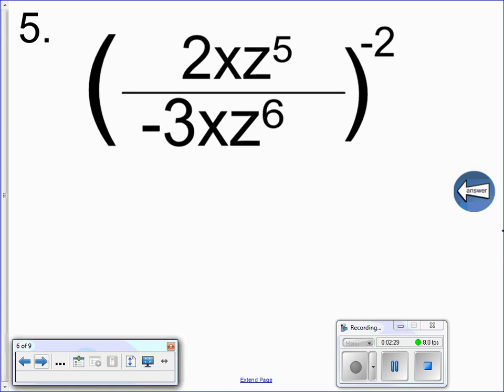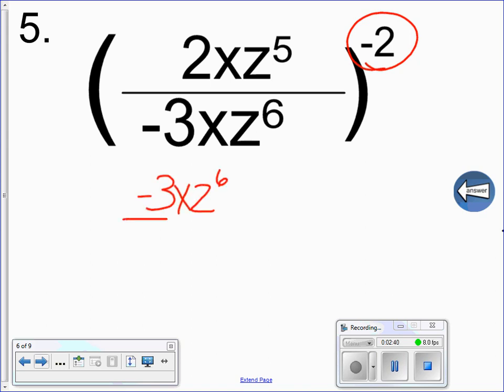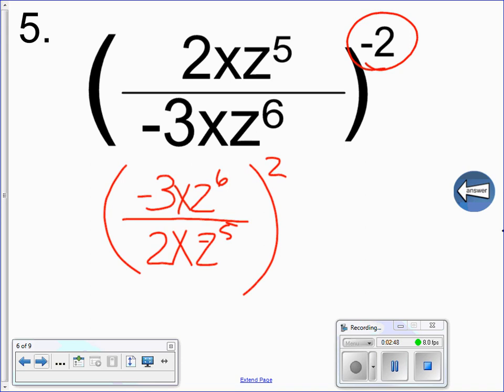Because this is a negative exponent, I have to flip the whole thing. So 3x z to the 6 goes on top, exactly like it was. 2x z to the fifth goes on the bottom, and it's still squared. It's just we got rid of the negative by flipping the whole thing.